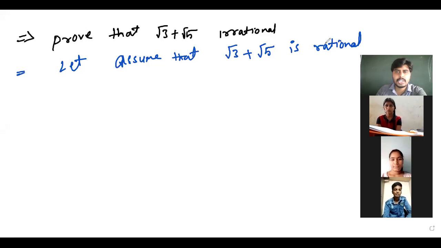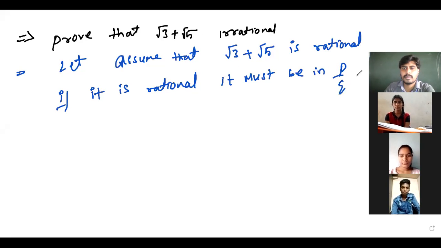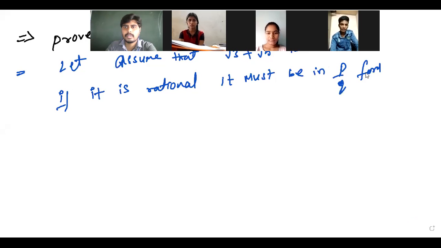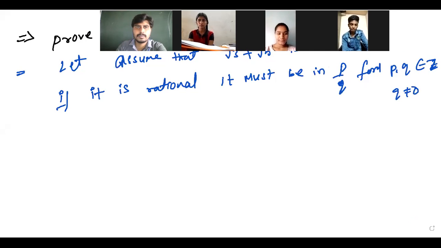Okay, if it is rational, it must be in p by q form, where p, q are integers, where q not equal to 0, isn't it?